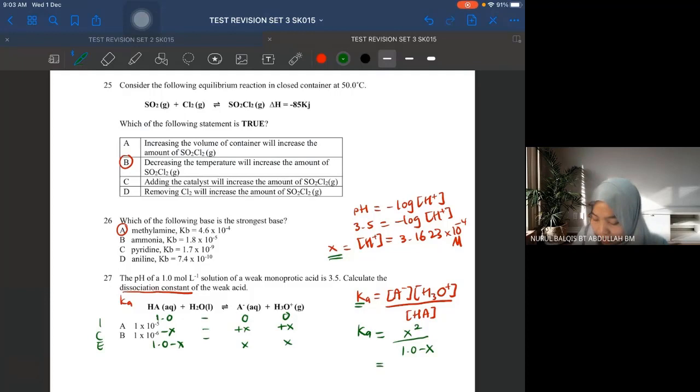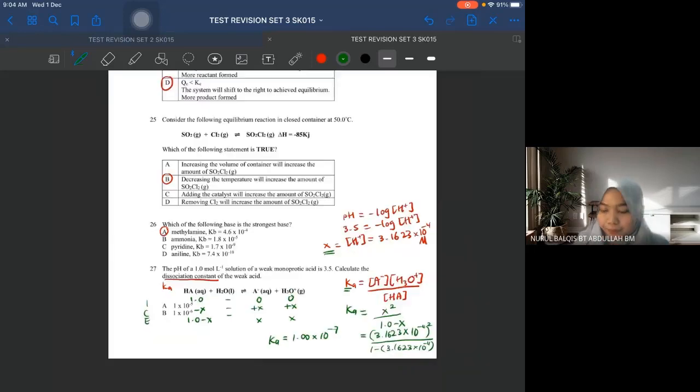So kita masukkan 3.1623 10 to the power of negative 4 squared divided by 1 minus 3.1623 10 to the power of negative 4. And lastly, your Ka value nanti akan dapat 1.00 10 to the power of negative 7.